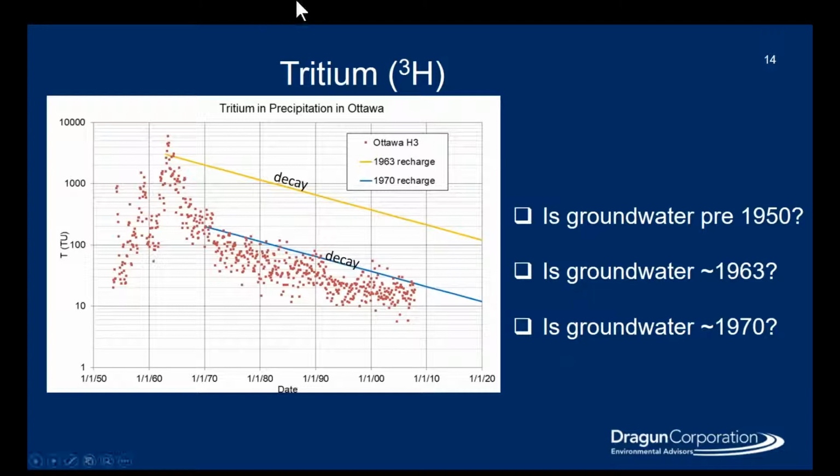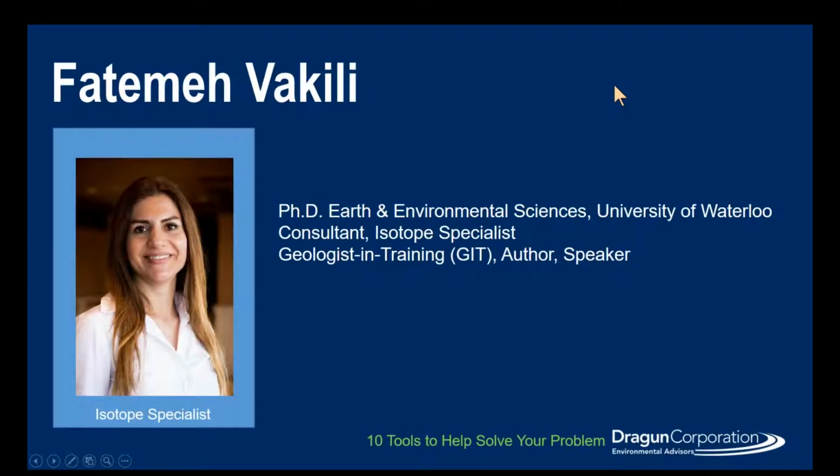If your groundwater was recharged in 1963, this is the projection of what that decay would be. You would see that about now you should have somewhere around 100 or 200 tritium units if that water moved through the aquifer system by itself. And the same thing for 1970. So you can get an idea of fairly recent groundwater ages based on tritium.